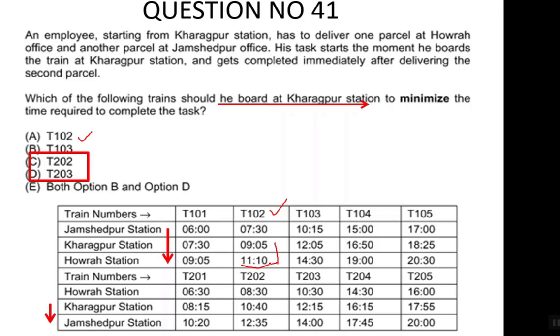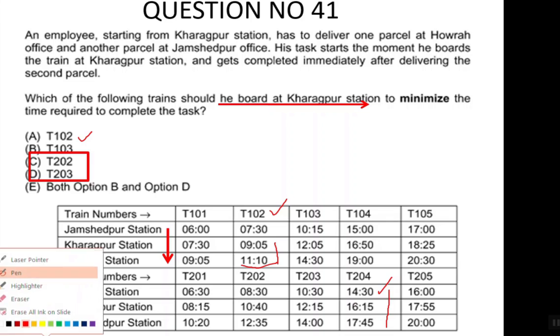That means he will reach by 12:40. But the next train which will take him from Howrah station to Jamshedpur starts at 2:30. So he will be wasting a lot of time in this, and hence it may not be a recommended way. Let us try to understand, can we optimize the timing in any other way?